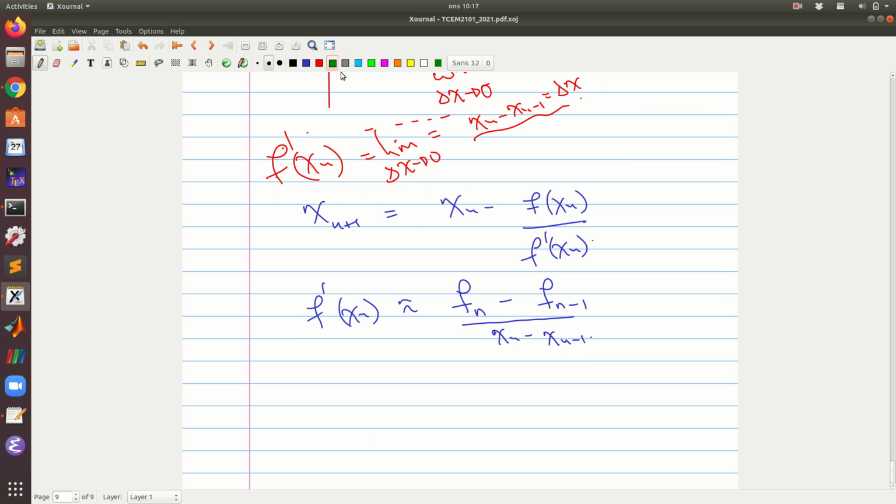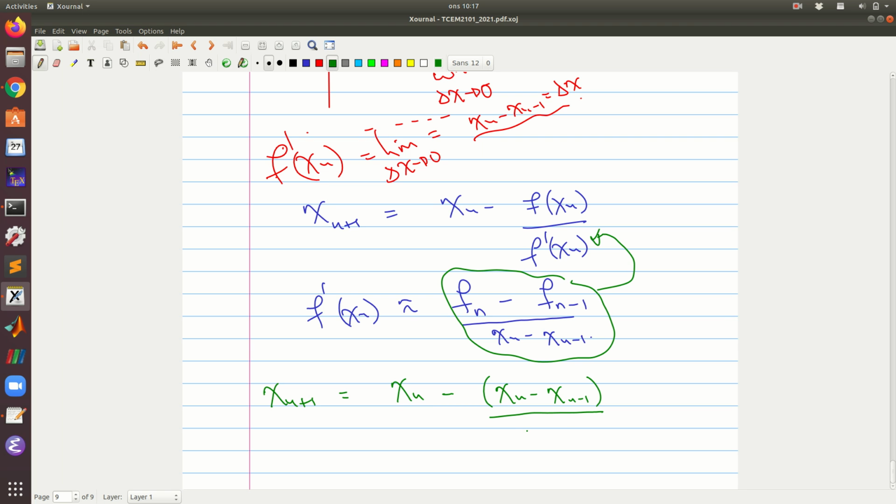So we substitute this, and now we have xn plus 1 equal to xn minus xn minus xn minus 1 over fn minus fn minus 1, then times f of xn.